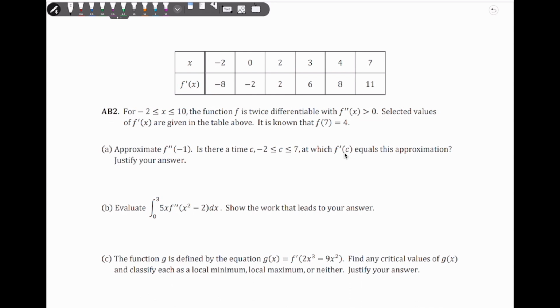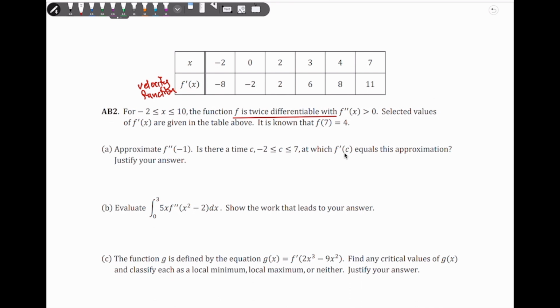All right, so this AB2 question, we are given a table of f prime of x values. So this is our velocity function that we're given. Now it says, for x's between, including -2 and 10, the function f is twice differentiable, and that the second derivative is positive.